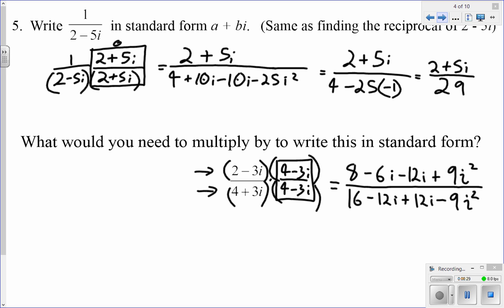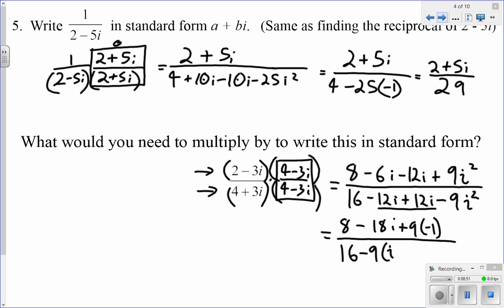From there, I can collect my like terms, and I'm going to get 8 minus 18i plus 9 times negative 1, all over, middle terms drop out, and I get 16 minus 9i squared, and I collect my like terms.